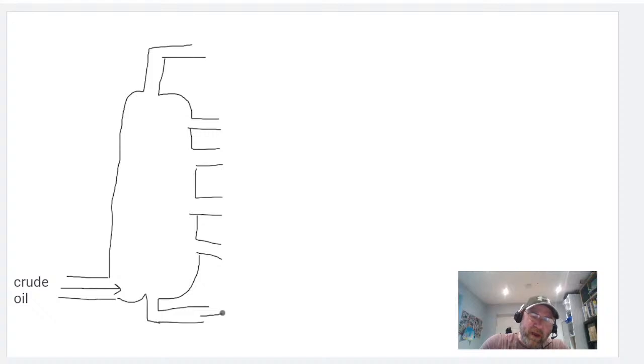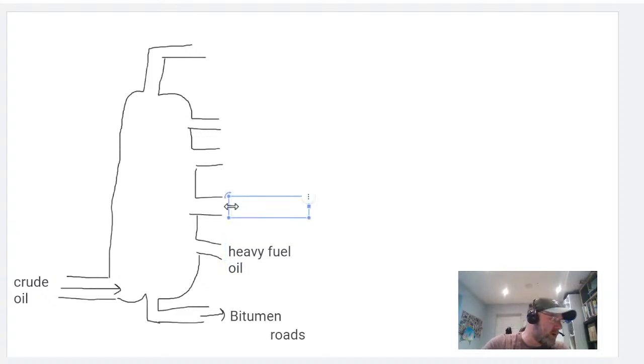So straight out the bottom, without vaporizing at all, we have bitumen. This is used on the roads, so you just need to know bitumen is for roads. And then you've got 5 more things. Now, depending on which book you look in, if I go from GCSE to AQA to OCR, they all call each fraction different things, which is a bit annoying, but there we go.